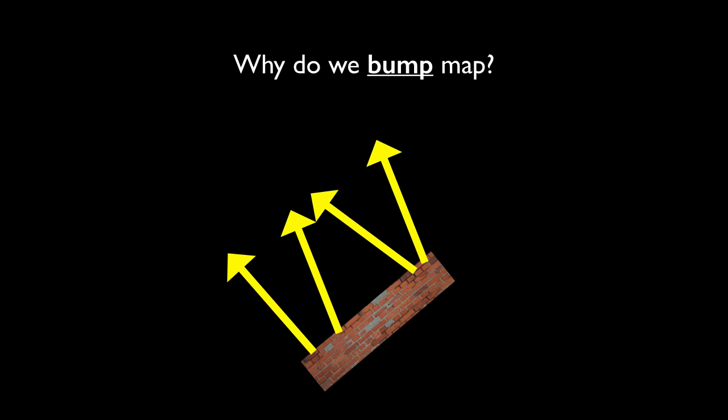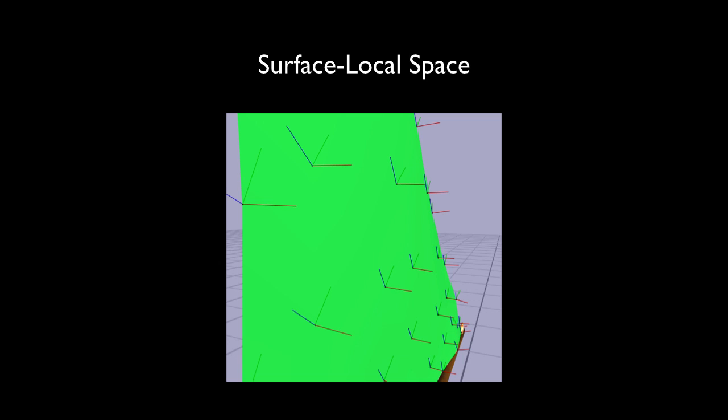And in theory, or on slides, it's simple, but in practice it gets a little complicated. For starters, if you remember the surface local space that I was talking about back in the transforms video, this space now becomes critical for bump mapping, because in order for us to work in a bump map space, we have to work in the surface local space so that we can find out where we are with respect to the rest of the surface.